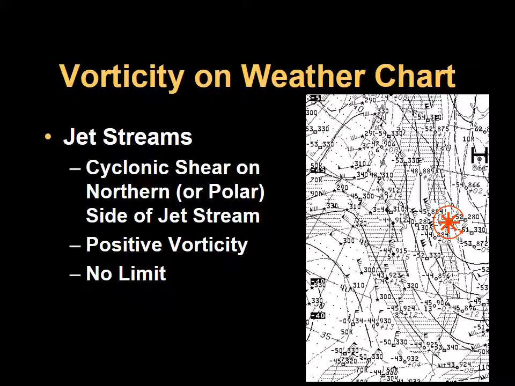So on the north side of this jet stream, because of the strong shear, the wind is circulating. Put a paddle wheel in the flow. How does it circulate? You'll see that it goes counterclockwise on the north side. So we say that that is the cyclonic side of the shear, the cyclonic side of the jet stream, where there's positive vorticity.